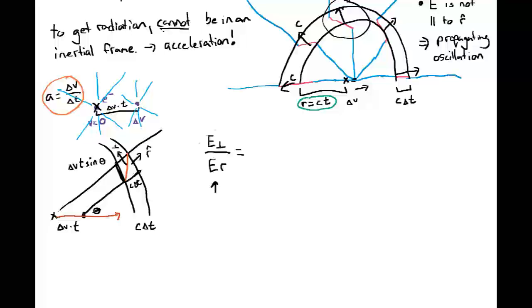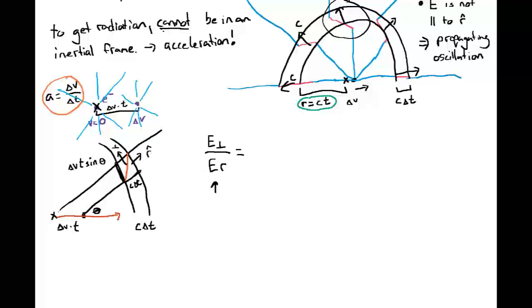So to do this, let's look at the slope of the electric field here in orange. We know the slope is given by 2 components. There's the component in the perpendicular direction to r hat, and there's the component in the radial direction, r. And we need to figure out the slope of that line.